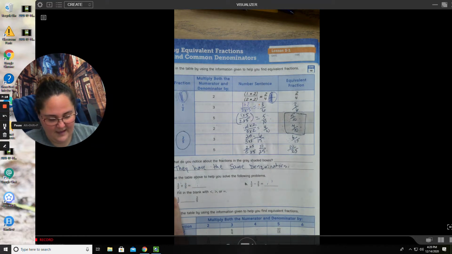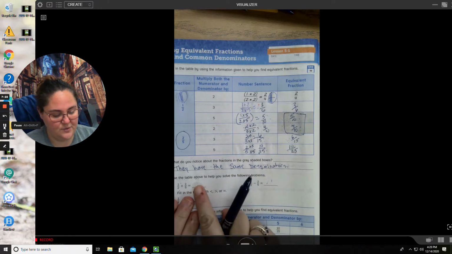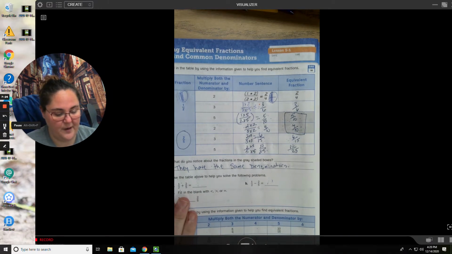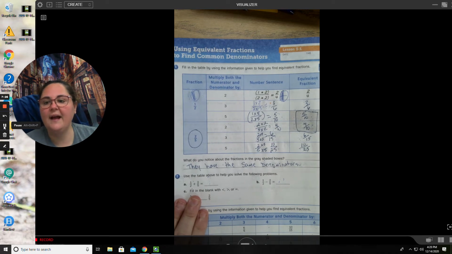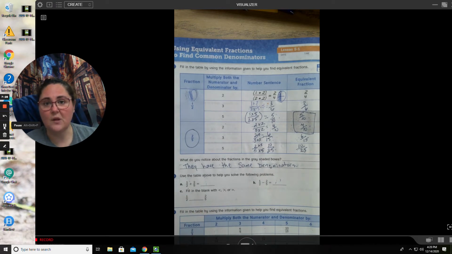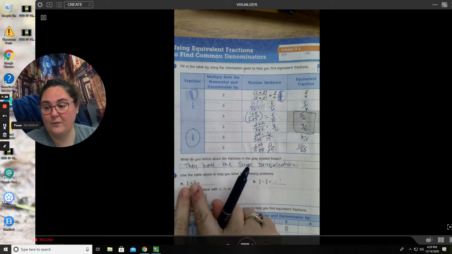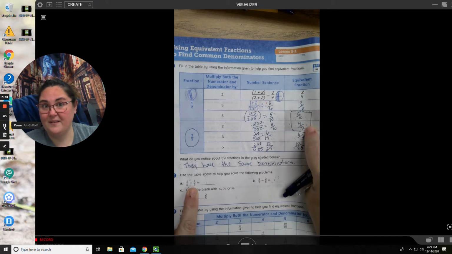All right, now let's look for the next one. It says, use the table above to help you solve the following problems. So whenever I have to rename fractions, one helpful hint that I always do is I literally write the number right above or right below the fraction that I'm renaming. So I know that 1/2, and we're going to rename it, 1/2 and 2/5. I already have my answers up here.